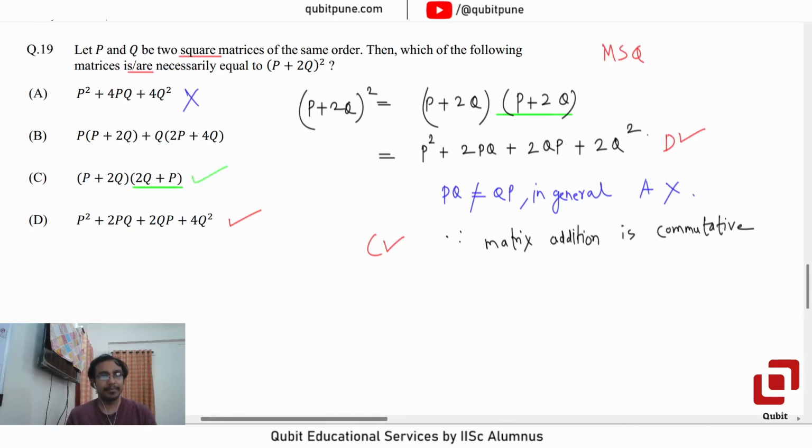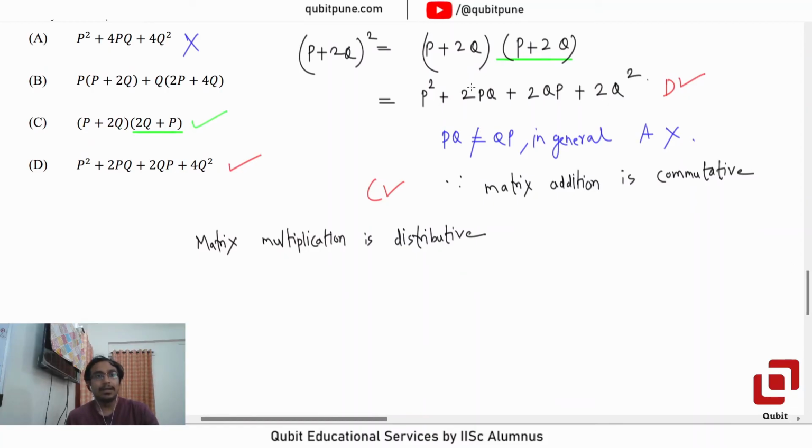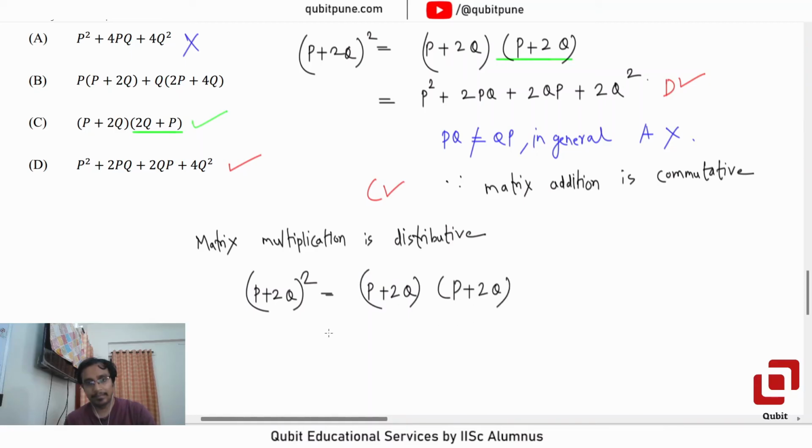C is right. What about B? Again, matrix multiplication is distributive. What does it mean? It means P plus 2Q into P plus 2Q, that is P plus 2Q squared, can be written as P into P plus 2Q plus 2Q into P plus 2Q.